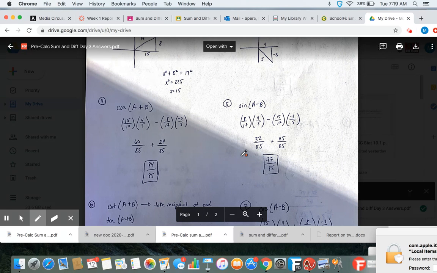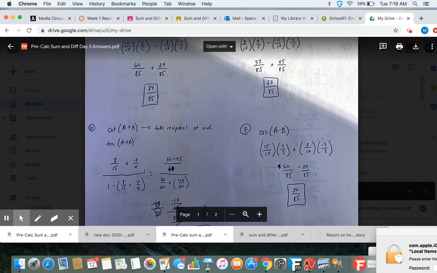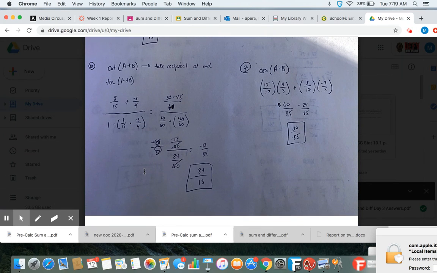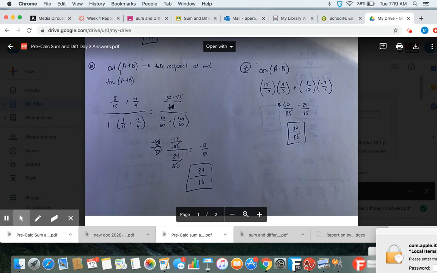Let's look at number 6. In number 6, we were asked cotangent. So I had said in yesterday's video that when you're given cotangent, secant, or cosecant, use the identity for the reciprocal, and then after you get your answer, just take the reciprocal of that to get the final answer. If you look on your identity paper, we don't have anything for cotangent, but we do for tangent.